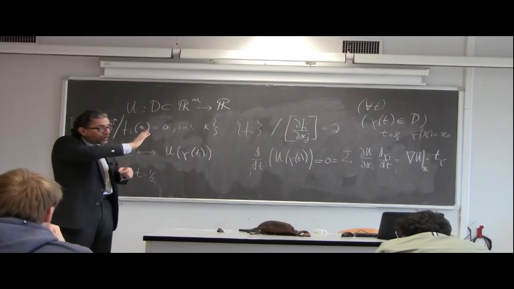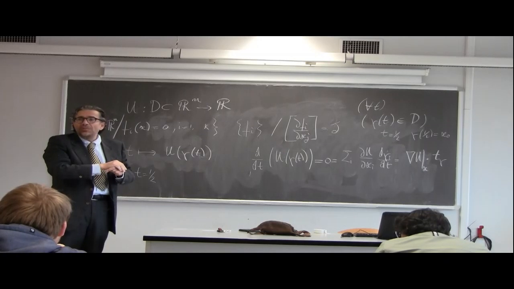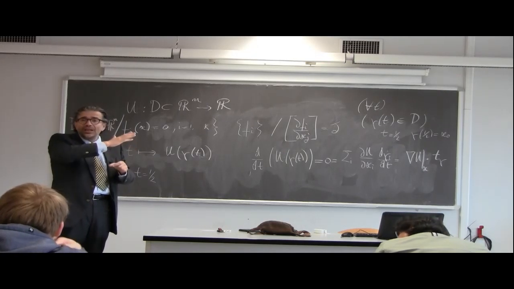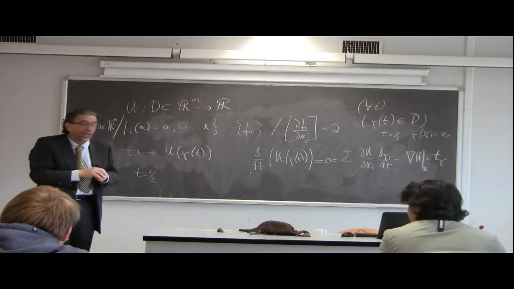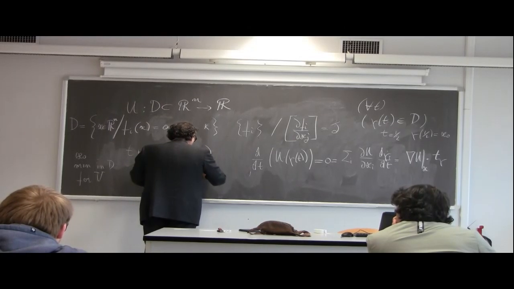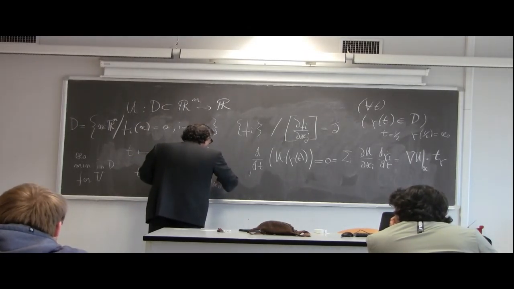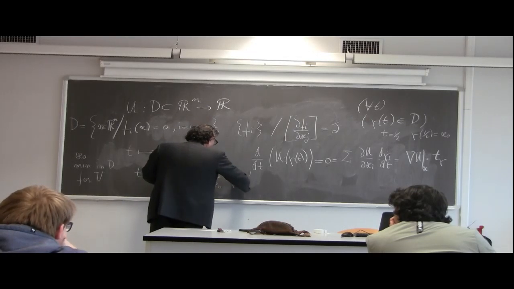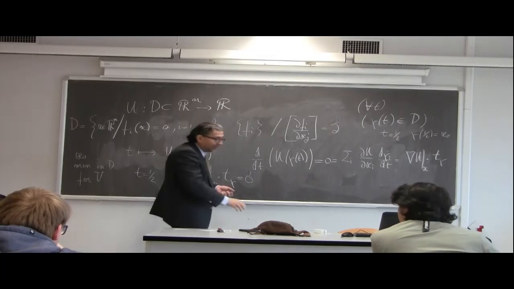All these vectors are forming the tangent plane. Okay, so grad u calculated in x0, inner product the tangent vector t gamma, is equal to 0.